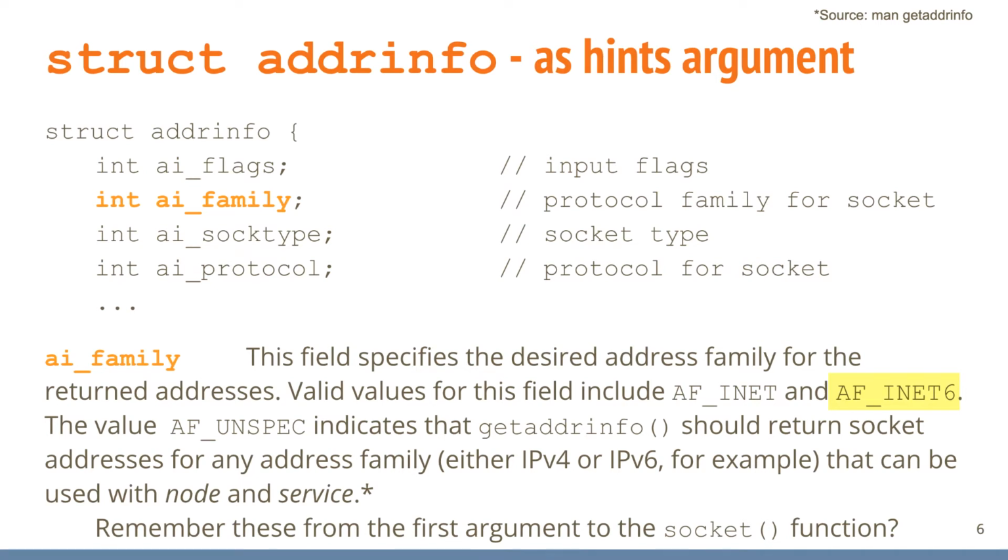But as already mentioned, these days we really should make sure that we use every address family that the host can work with. So typically you would specify AF_UNSPEC, which stands for an unspecified address family, and should return every address family that is usable with the provided node and service. This is what you can use as the first parameter in the socket system call, which we've already seen in the previous video.